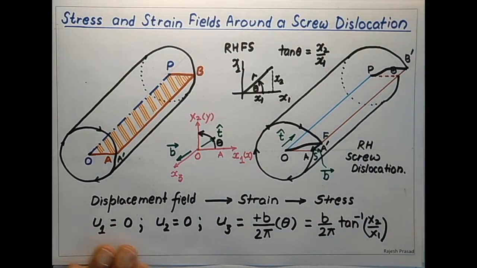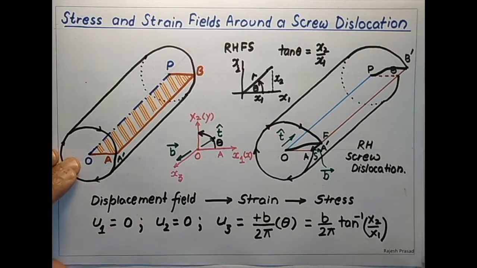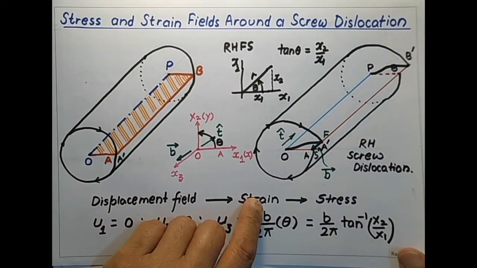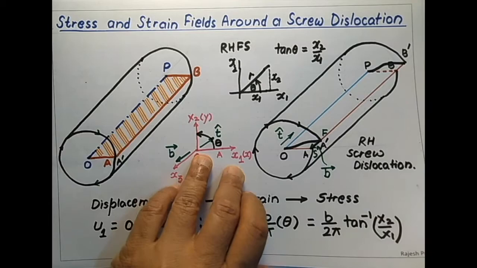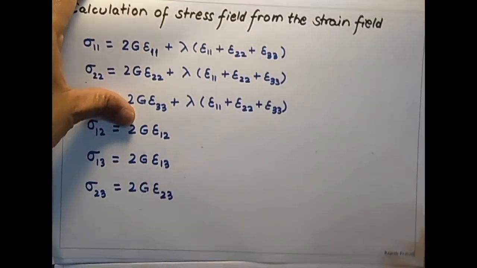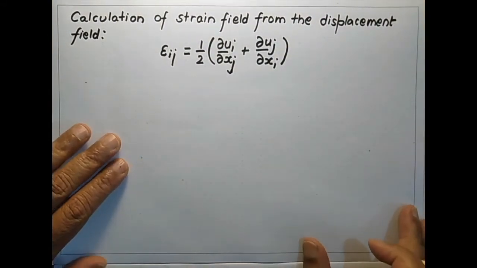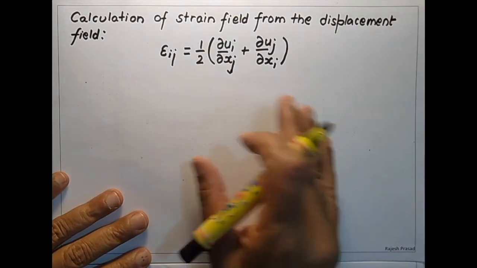The first two components are 0. The third component is b by 2 pi tan inverse x2 by x1. Once we have the displacement field, the standard equations of elasticity for the definition of a strain will give me the strains, which we'll do next. So we do the calculation for the strain field from the displacement field.